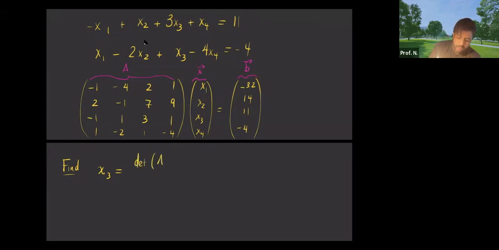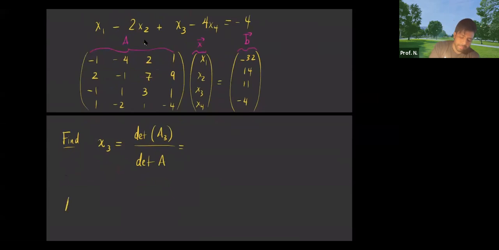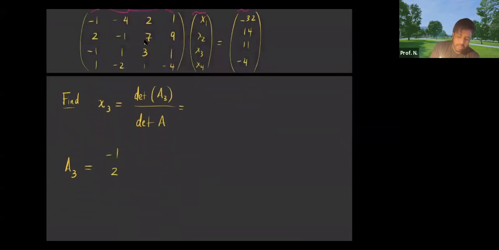Determinant of A sub 3 divided by the determinant of A. So I have to find the determinant of A and the determinant of A3. But what is A3 though? A3 is the same matrix as A: negative 1, 2, negative 1, 1, negative 4, negative 1, 1, negative 2, and then x3 will be what?